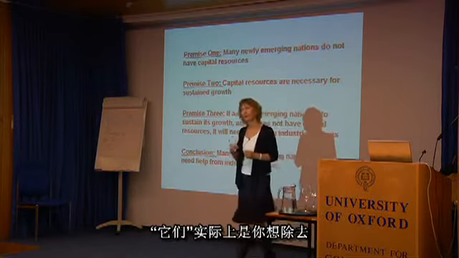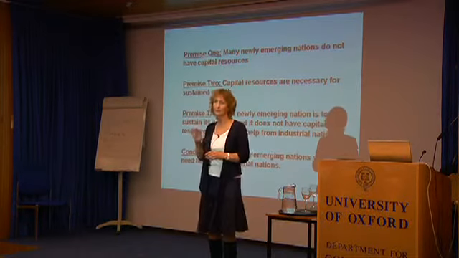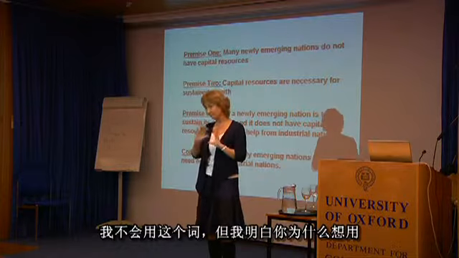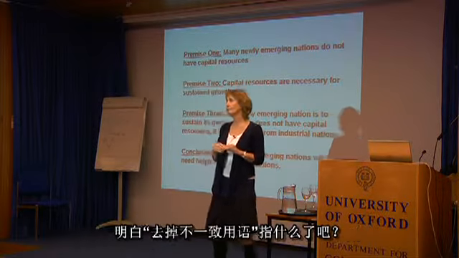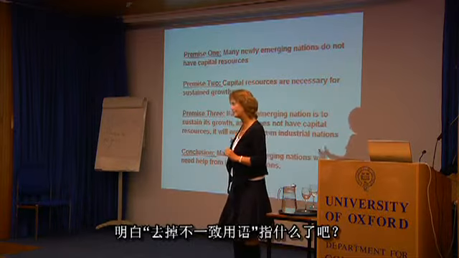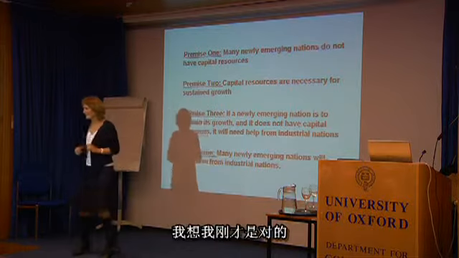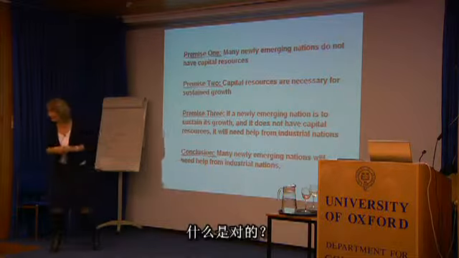"Them" is actually a pronoun that, on the whole, you're trying to get rid of rather than put in. So I wouldn't use that, but I see why you wanted to. Okay, do you see what I mean about removing inconsistent terms then? Have I convinced you? Yes, I think I was right. You were right about what?